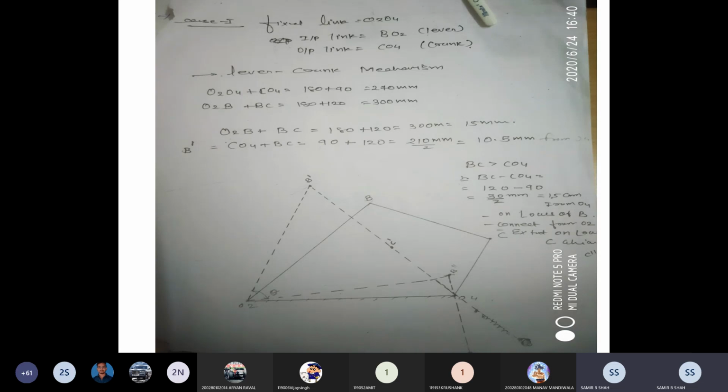So you are getting point B dash. Now, talking about the output link.